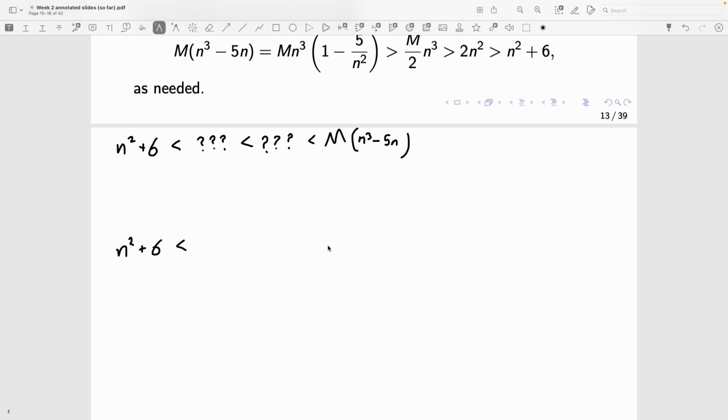So I want n squared to be greater than 6 then.